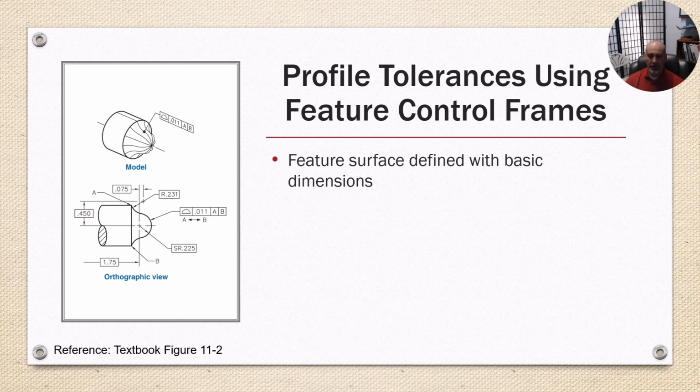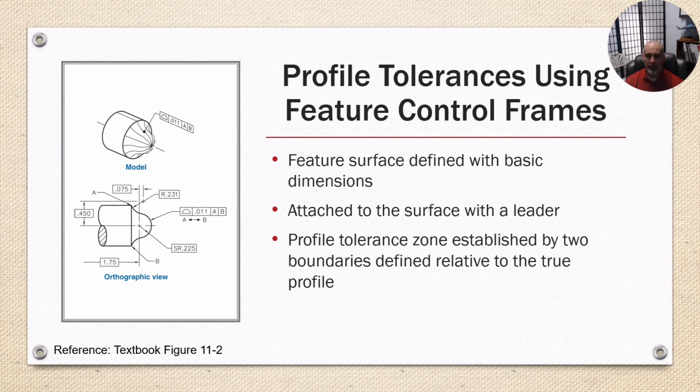It has a radius of 231 thousandths and a spherical radius that transitions to 225 thousandths, and we're controlling that shape between points A and B. It's attached to the surface by the leader. The profile tolerance zone establishes the two boundaries defined relative to the true profile.